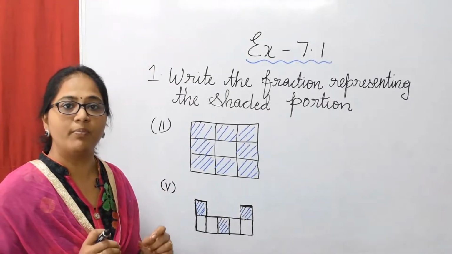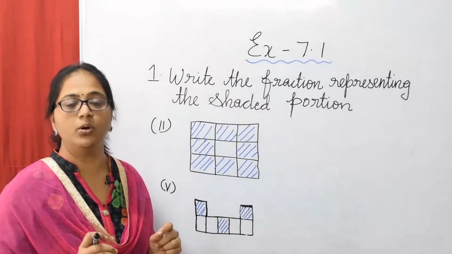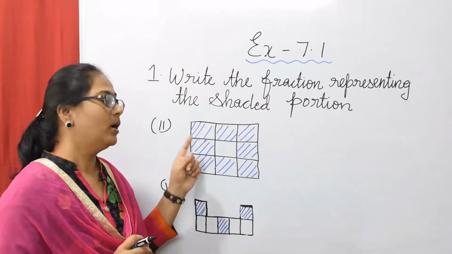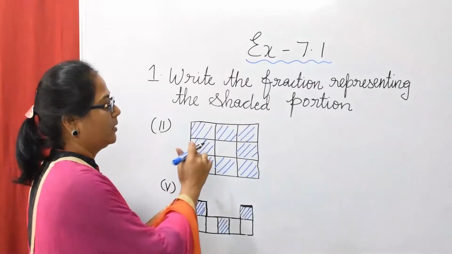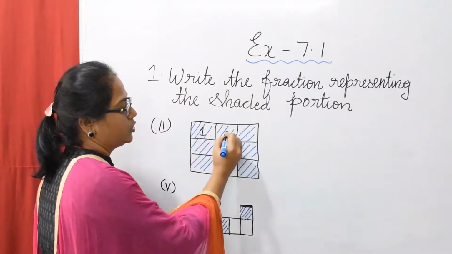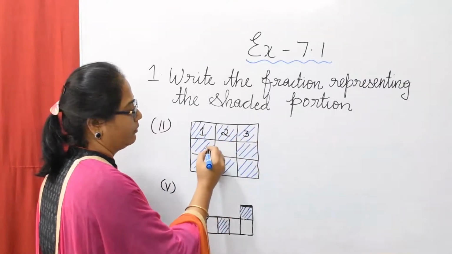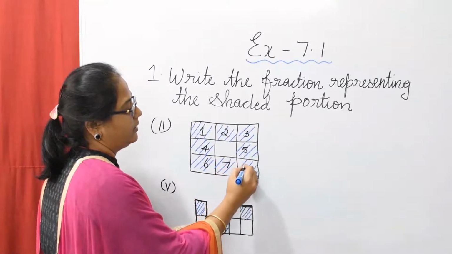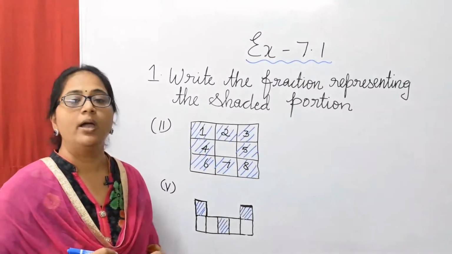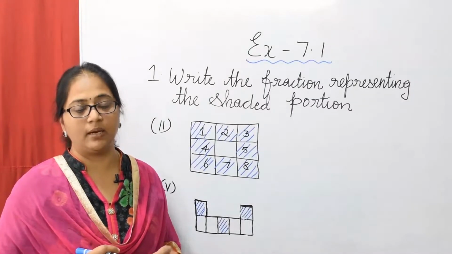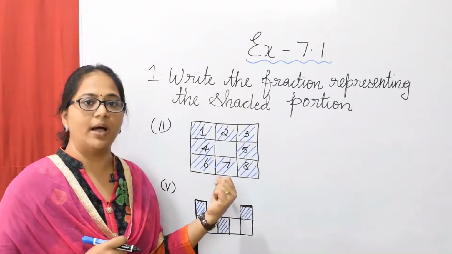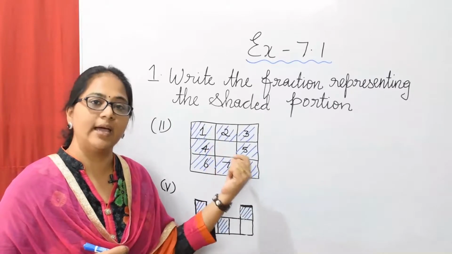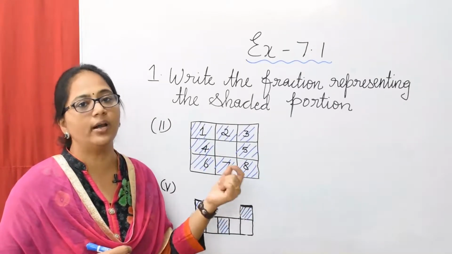Now the number of shaded parts: 1, 2, 3, 4, 5, 6, 7, 8. So there are 8 shaded parts out of 9 equal parts.